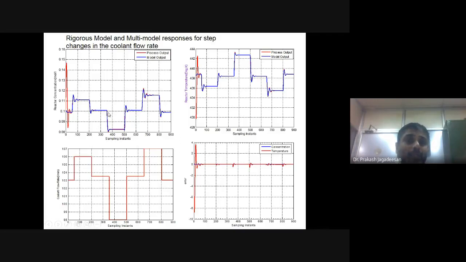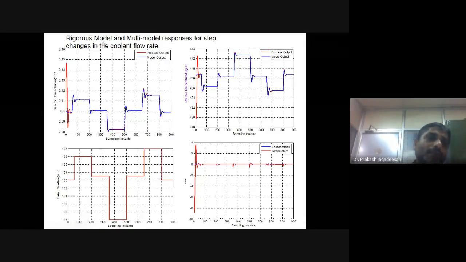So as a result, what we can infer from this is, by developing simple linear models at different operating points and assigning suitable weights, we were able to capture the nonlinear dynamic behavior of the system. This is for concentration.